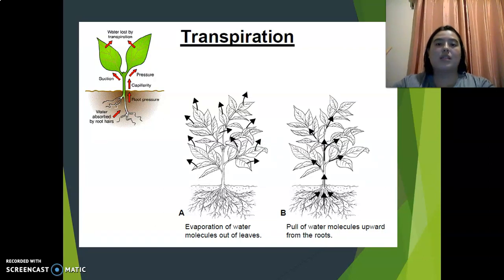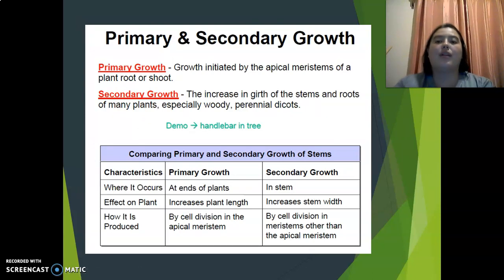And the transpiration of the plant, we have the transpiration in the example out of a leaf, so evaporation of water molecules out of the leaf, and the pull of water molecules upward from the roots. Okay, so as you can see, the water molecules move upward from the roots. And we have here the primary and secondary growth.